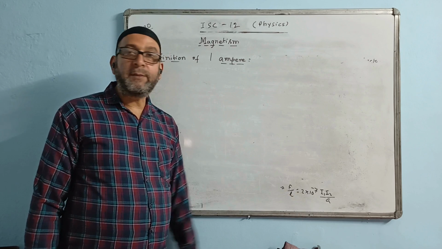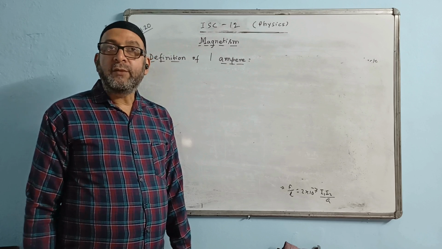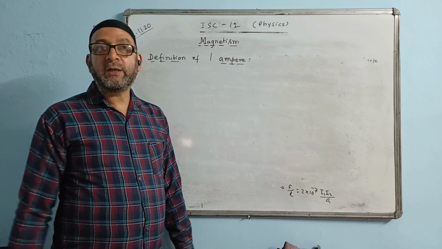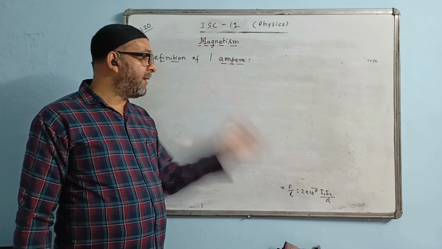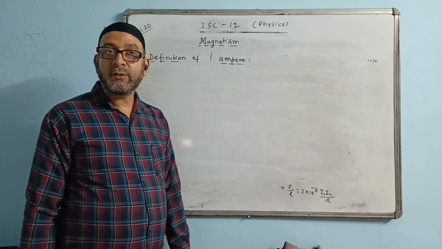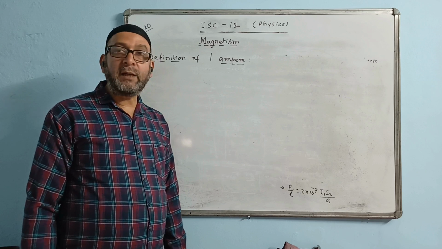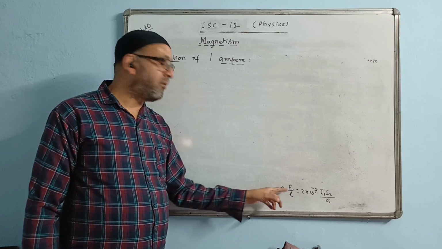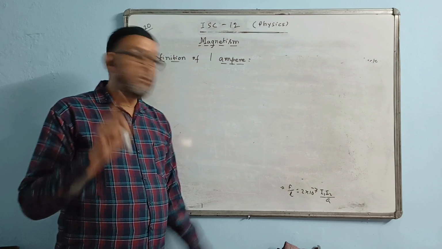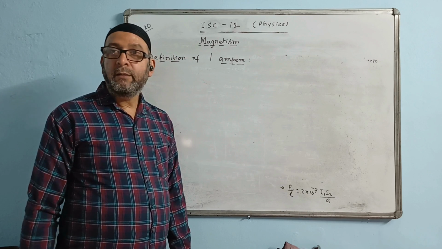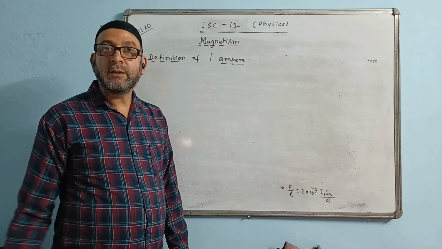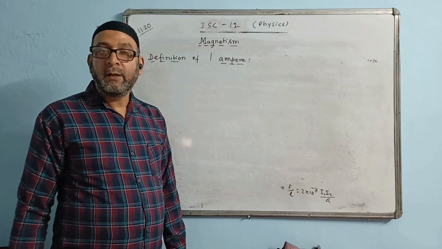So you have to mention 1 meter apart in air, which causes each of the wires to experience a magnetic force. The orange force is a magnetic force, of this value 2 into 10 to the power of minus 7 Newton per meter length of the wire. So this is how the definition is complete.